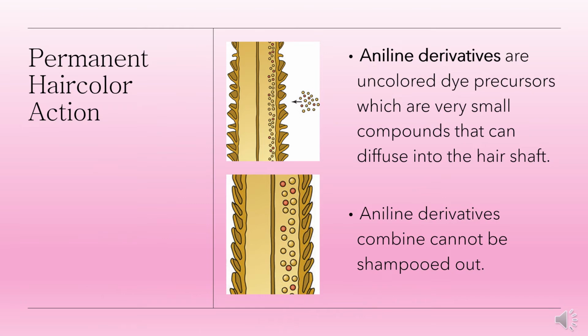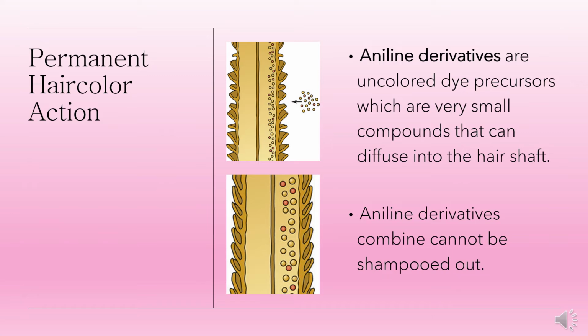The alkaline derivatives in a permanent hair color will penetrate past the cuticle and into the cortex. The alkaline derivatives are uncolored dye precursors, which are very small compounds that can diffuse into the hair shaft.